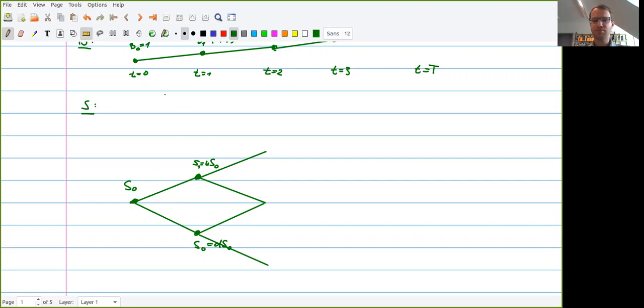And the reason why you want to have a recombining tree is for numerical reasons, because the complexity is much lower if you assume that this tree is recombining. So what we assume is that it doesn't matter if you go up and then down or if you go down and then up, the price is then the same at time 2.